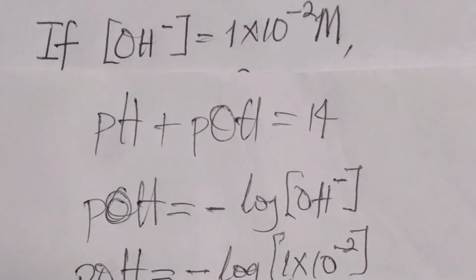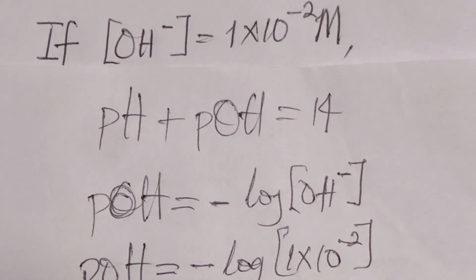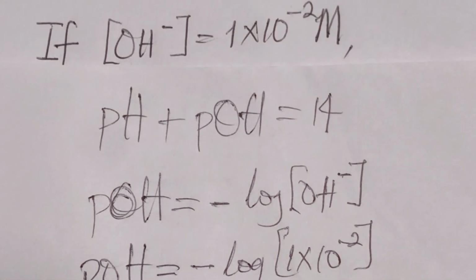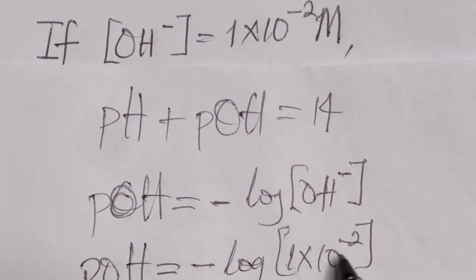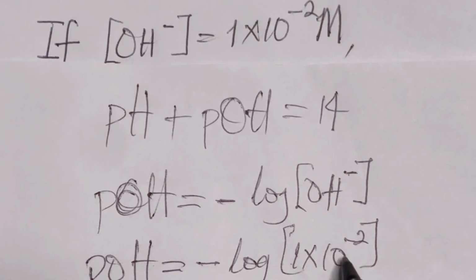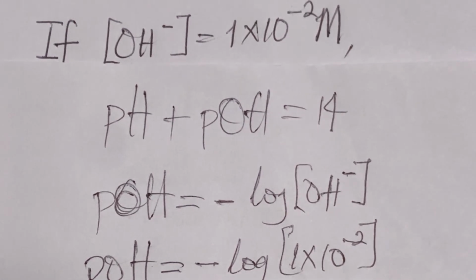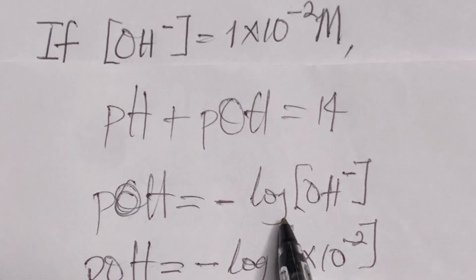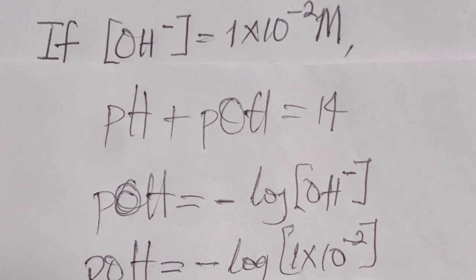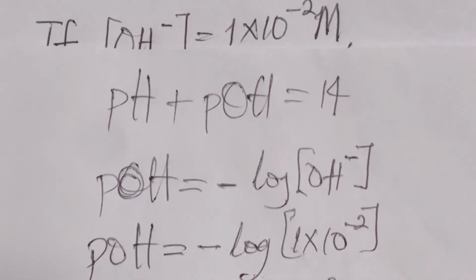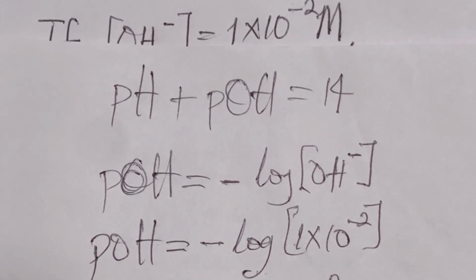You understand? Remember pOH equals minus log, and 1 times anything is still the same thing, so it is 10 to the negative 2. Any logarithm without a base given automatically operates on base 10, don't forget that. This negative 2 comes out and multiplies by the minus, so pOH equals minus, times negative 2, times log 10 base 10.